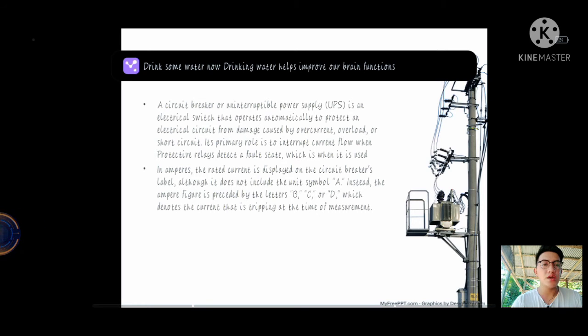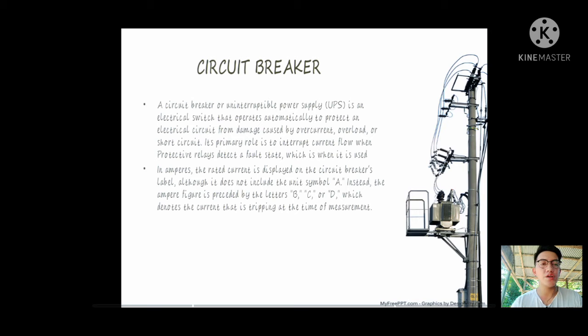So ang primary role daw ni circuit breaker is to interrupt the current flow when the protective relays detect a fault state. Si circuit breaker daw ay magti-trip once na nakadetect si protective relay ng isang fault.